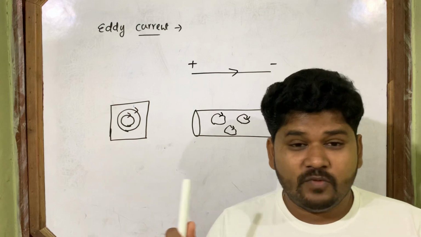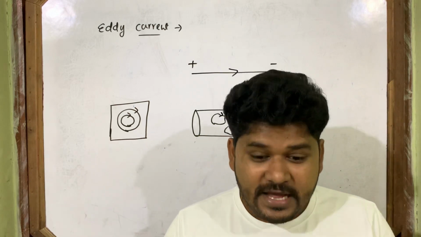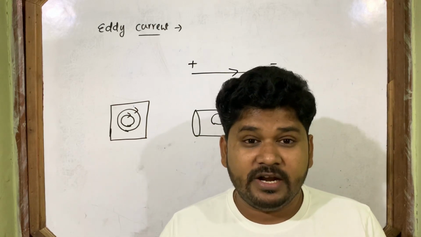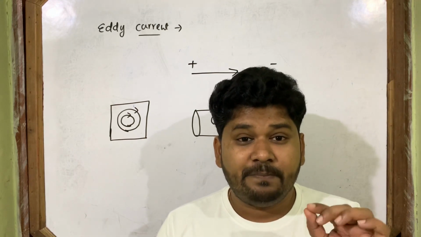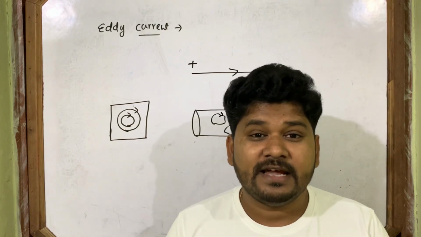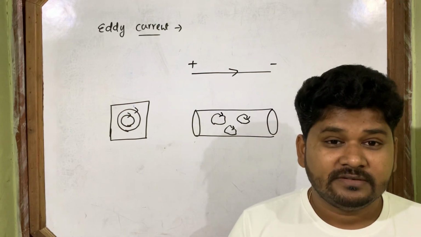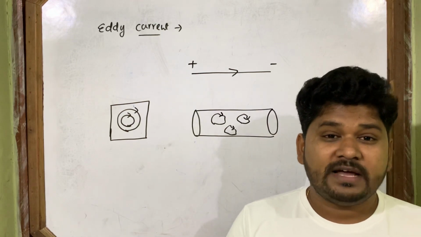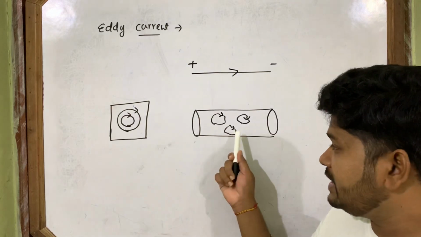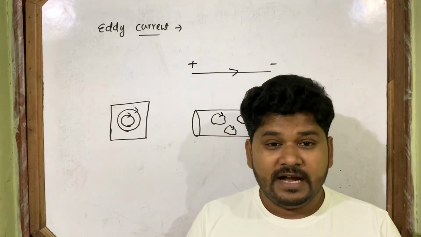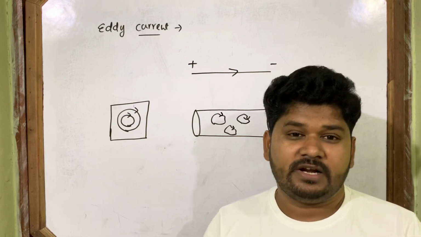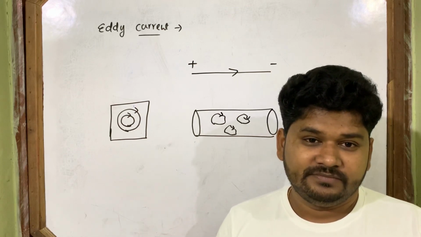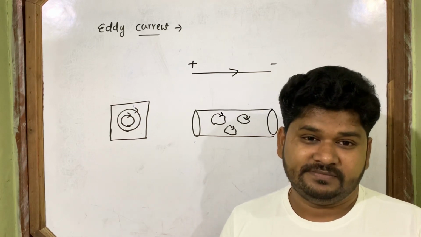Instead of going from one terminal to another, inside the body of the conductor it forms a closed path perpendicular to the magnetic lines of force, and it remains confined in the body of the conductor.